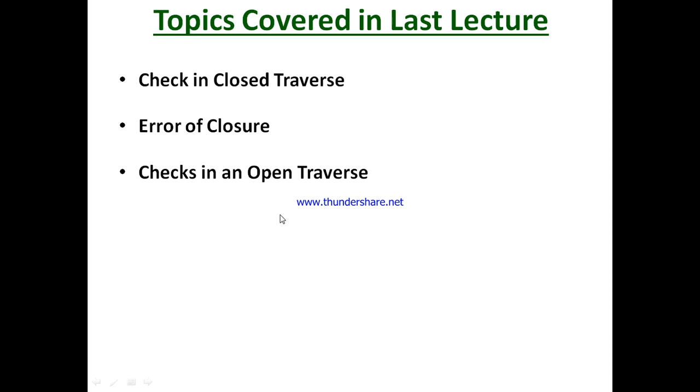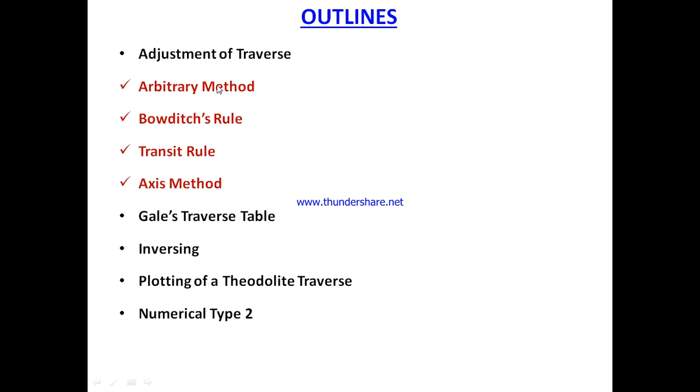After covering these topics, in this lecture we are going to know the different adjustments that one could make in the traverse in order to compute accurate values, or we can say in order to get a closed loop system. For that we have four methods: arbitrary method, Bowditch rule, transit rule and axis method.